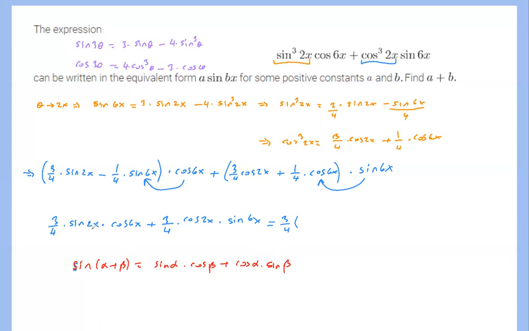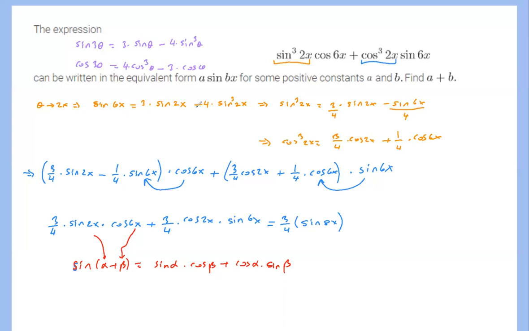If you look at this, just replace alpha with 2x and beta with 6x. So you will get sine 2x, which is right here, times cosine 6x, and then this is cosine 2x, and this is sine 6x when you pull out the 3/4. So now that's going to give us just the sine of 2 plus 6, which is 8x.